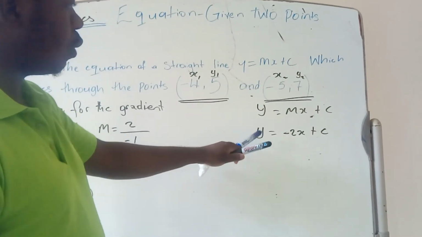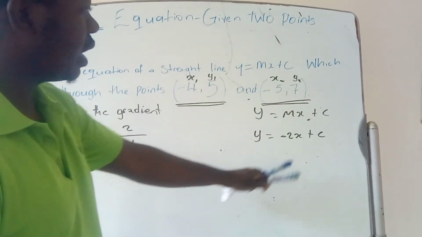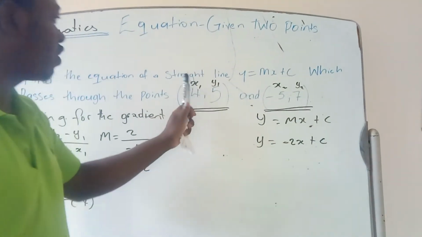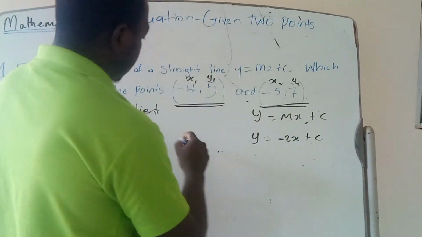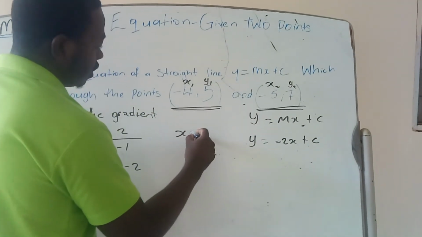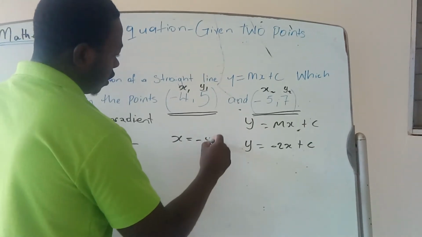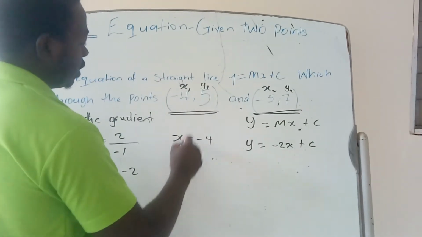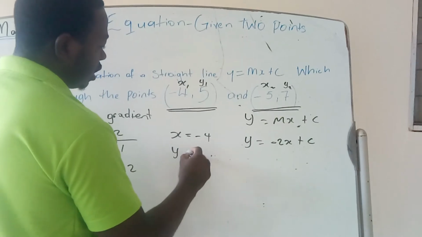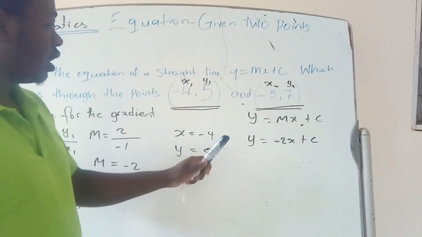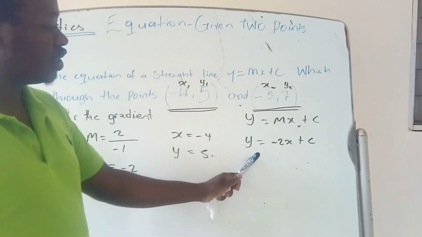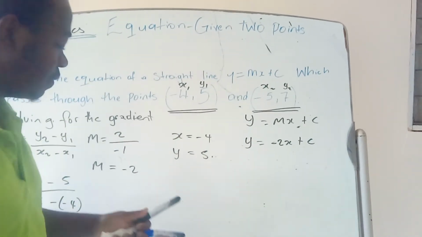Now from this, we can choose any point above to solve for c. We need a y value and an x value. Now here we have x1, y1. So we would have known that x is equal to negative 4 and y is equal to 5. So we can simply replace these values in the equation and solve for c.